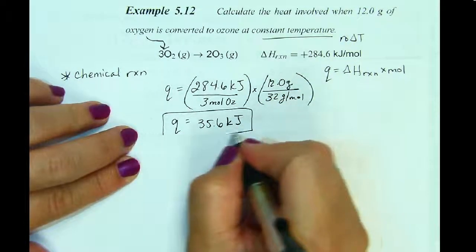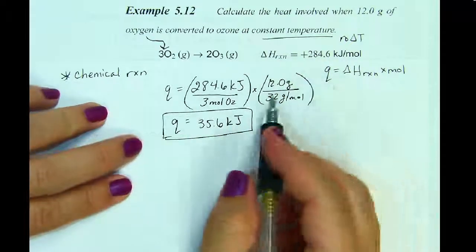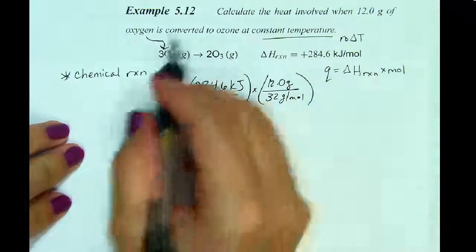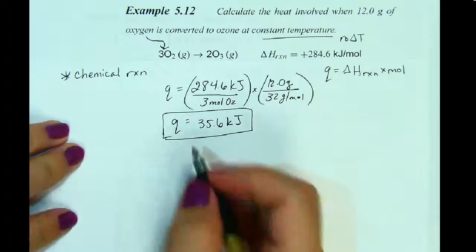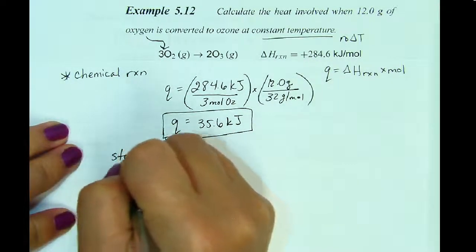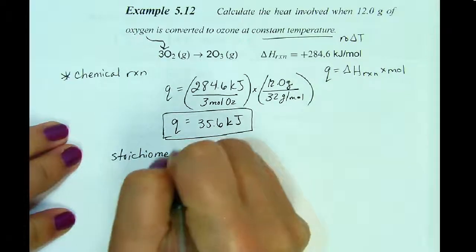Now, I actually do not prefer this method. When I see a problem like this, when I see an equation and a delta H, I actually go straight to using stoichiometry and the delta H value.